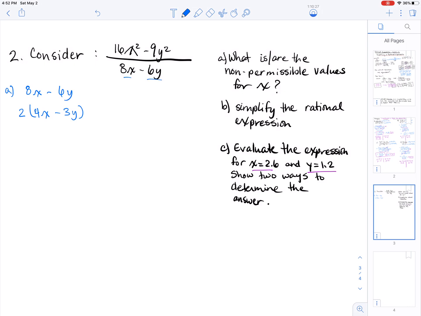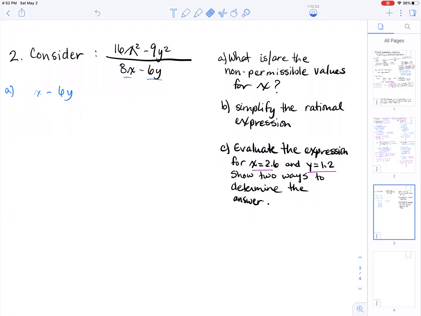Now that's two different factors. So I have 4x equal to 0, and then I also have minus 3y equal to 0. So if my x equaled 0, would that negate the whole thing? No, it wouldn't. So that actually doesn't work.